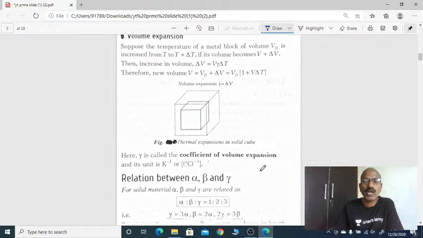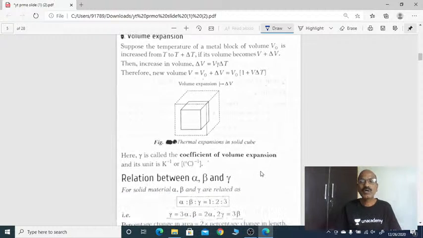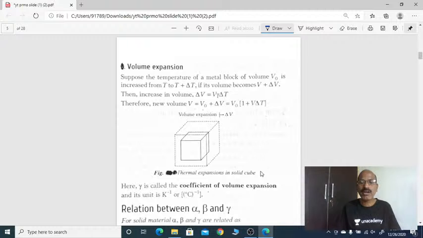Now let us see volume expansion. Suppose a cubical box is heated. Its length, breadth, height, all the sides will expand, so volume-wise it will expand. So the initial volume is V naught. The quantity of heat supplied is directly proportional to initial volume and to rise in temperature.